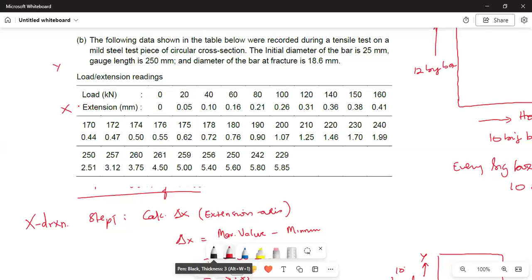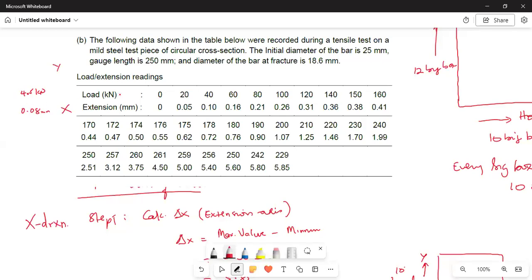You see, with the extension, one box is 0.08, and then with the load, one small box is 4.5 kilonewton mm.